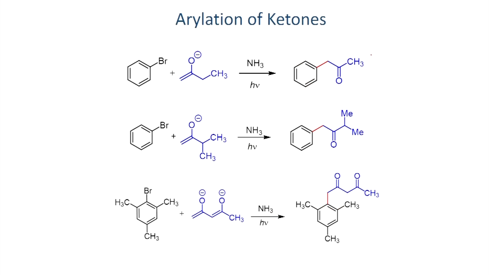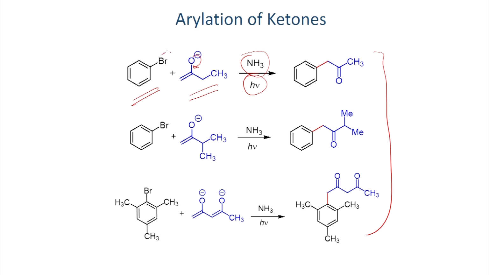Some examples are shown by this synthetic route, and here the reaction of bromobenzene with this enolate is shown in the presence of ammonia and light. So, the enolate can readily undergo reaction as we have just seen, and you can form the radical ion.